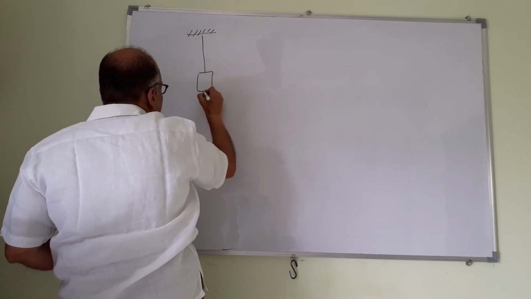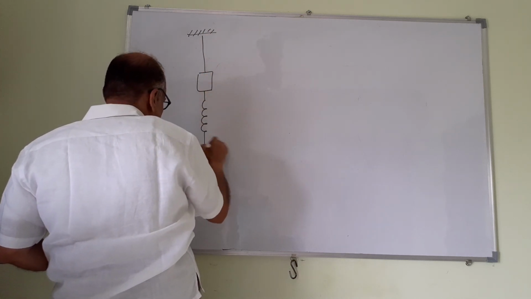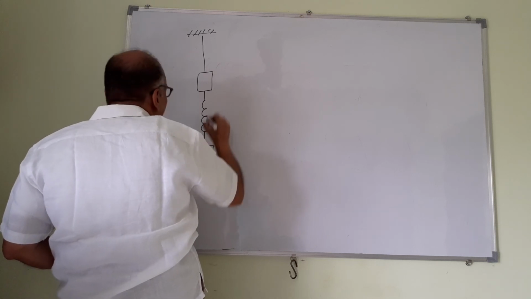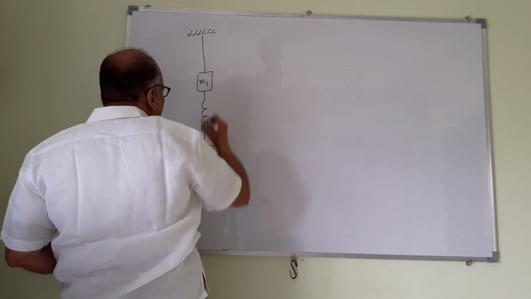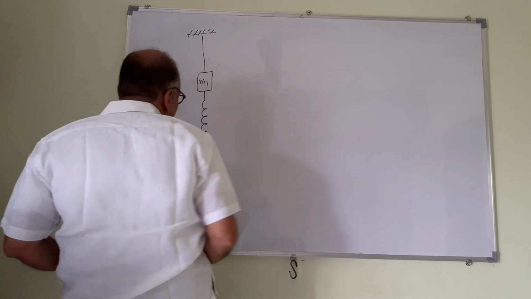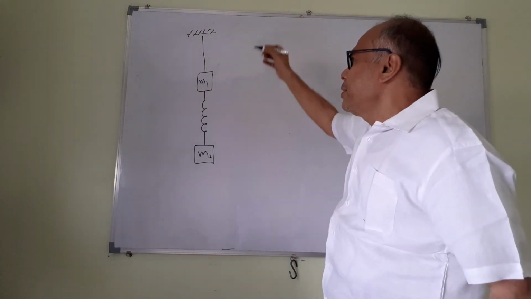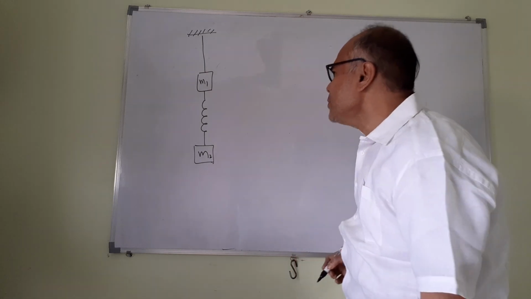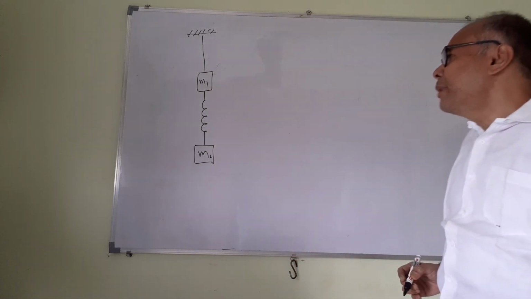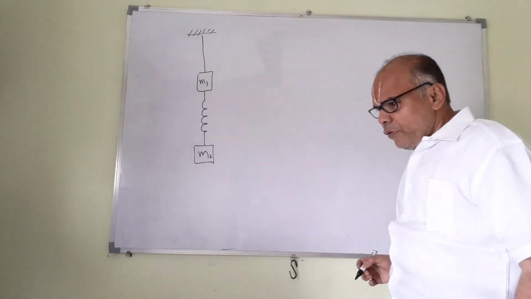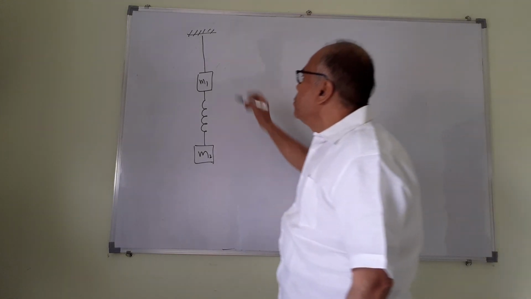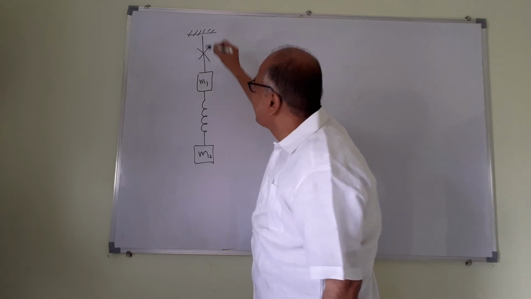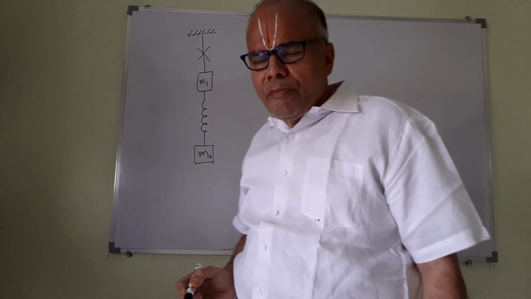This is a string, and here there is a spring, and both have masses, let us say m1 and m2. There is a spring, and there is a mass here. We wish to know what will happen if we cut this string here. This is actually a JEE problem.